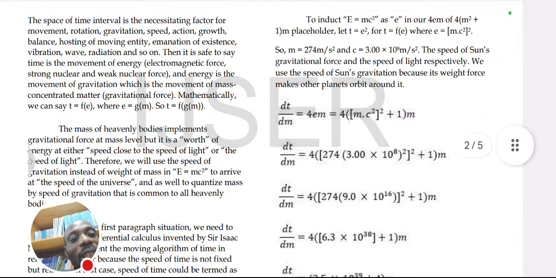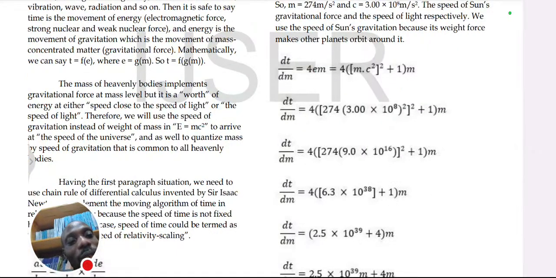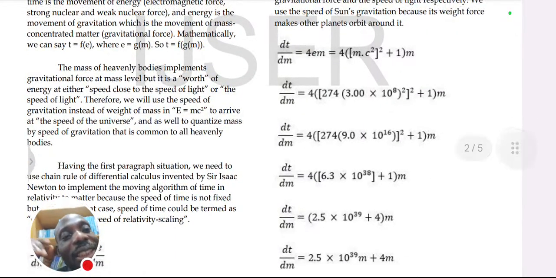So now the speed of the sun's gravitational force and the speed of light respectively, that's what we're going to use. And so we now have dT/dM equal to 4E, equal 4, then we put the mc squared right inside that plus 1M. Once we supply the values, we're going to have dT/dM equal to 4. We open bracket, we have 274, which is the gravitational speed of the sun.